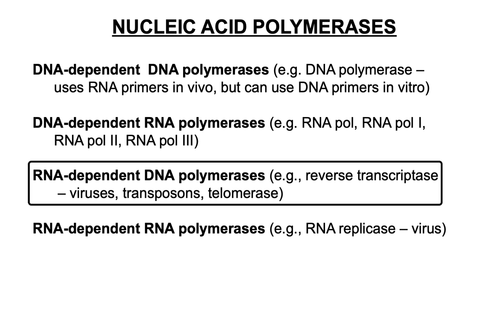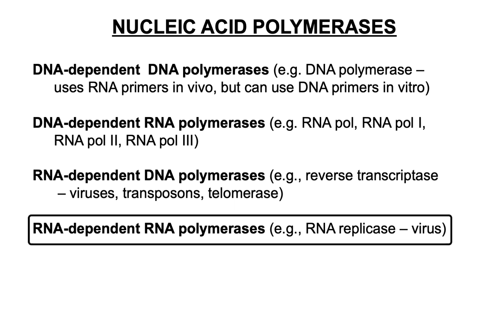Also related to these are RNA-dependent DNA polymerases, and these are reverse transcriptases, telomerases, some transposons, etc. And then finally, these ones that are even further back in time as far as evolution are the RNA-dependent RNA polymerases, such as RNA replicase that's found in some viruses.